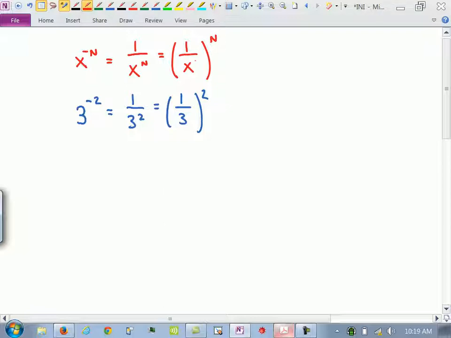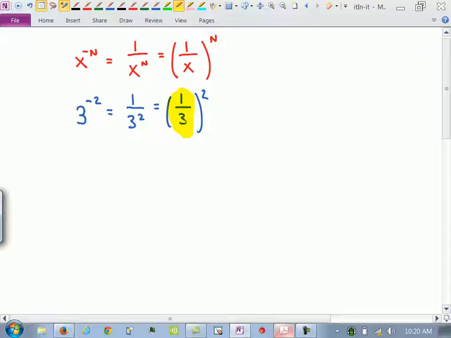We said earlier 3 raised to the negative 2 meant 1 over 3 squared, 1 over 3 to the positive 2. Didn't we say that a little while ago? Now, why is 1 over 3 squared equal to (1/3) squared? When you have a fraction, this is very important, like 1/3, and you raise it to the second power, that power goes on the top and the bottom.